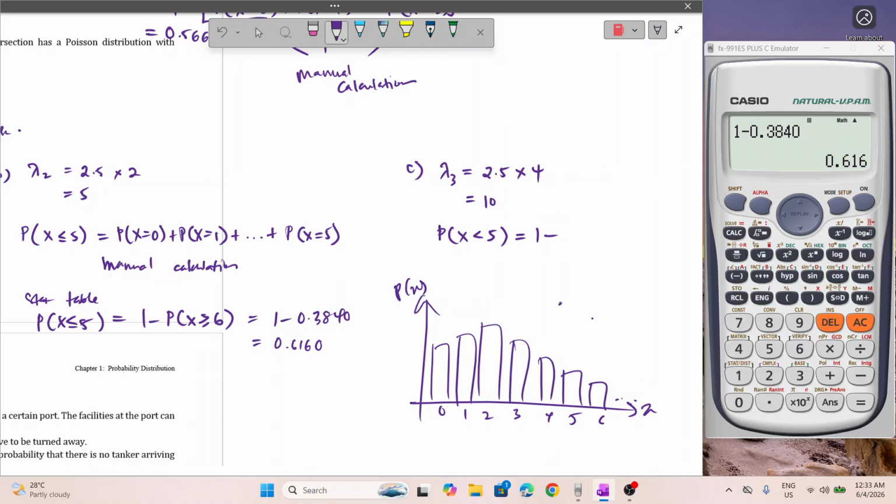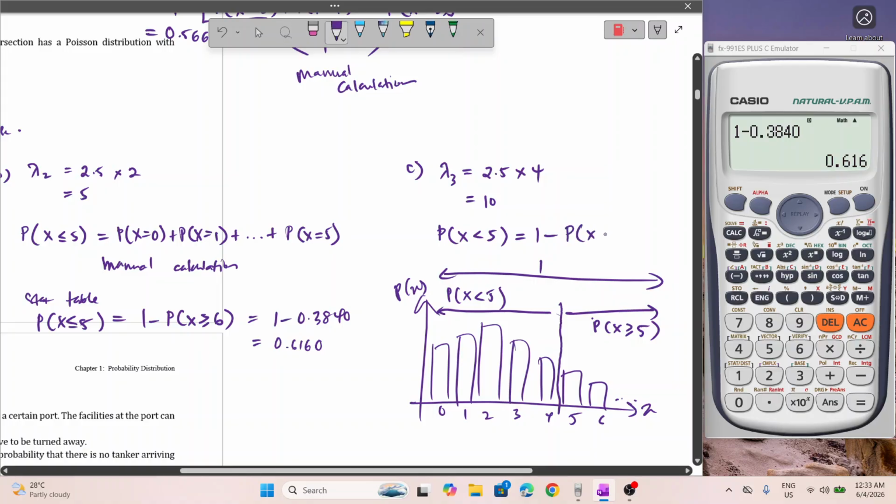Less than 5 means that it does not include 5. Everything here is 1, right? So 1 minus probability of x greater than or equal to 5.